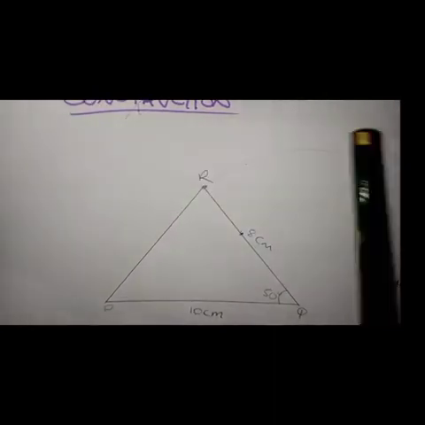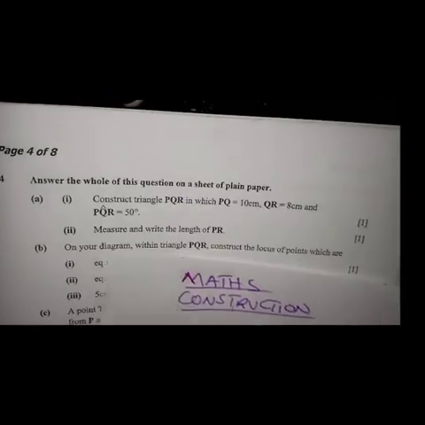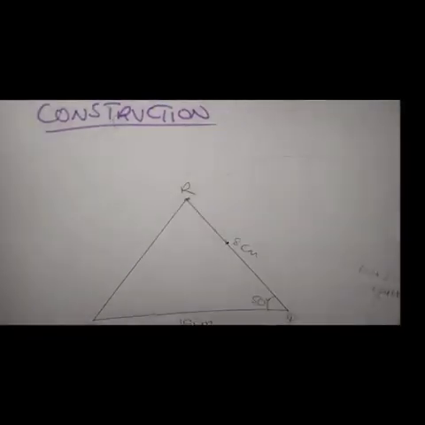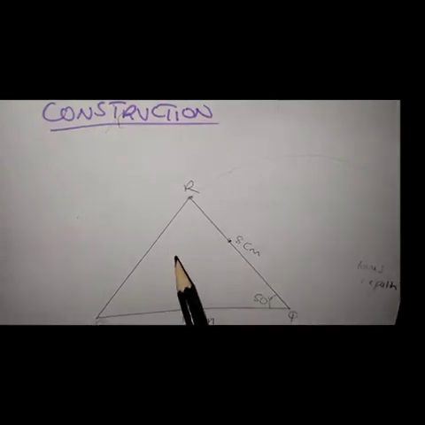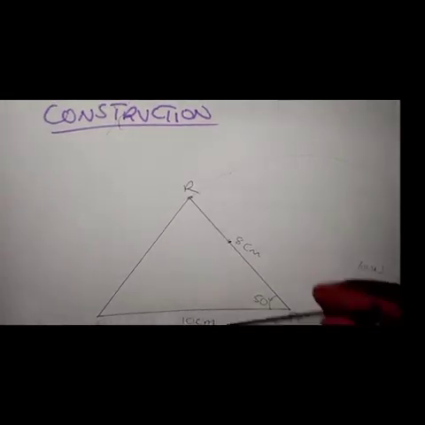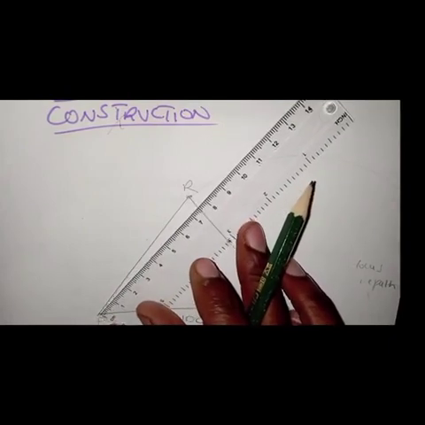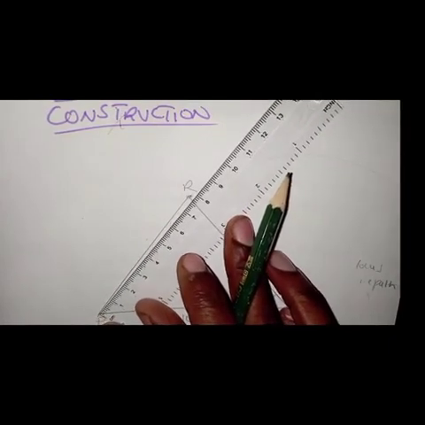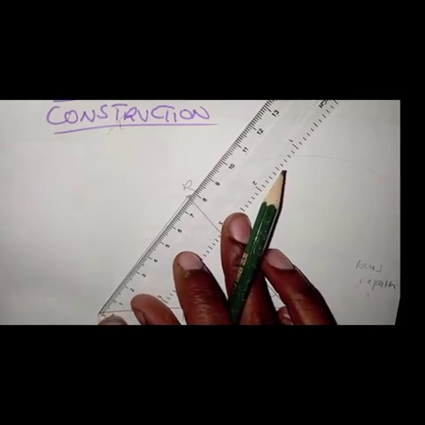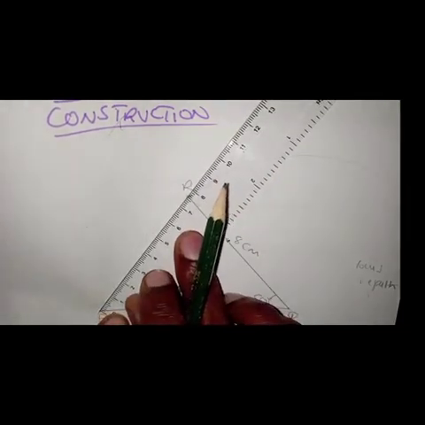So now you don't erase the locus, it's part of showing the working. So next step, they are saying measure and write the length of PR. We know PR wasn't given, so you can just get your rule and measure.